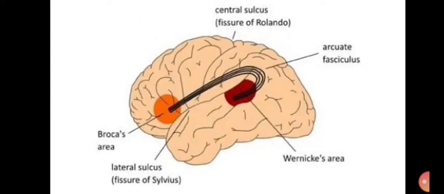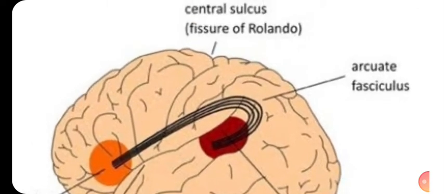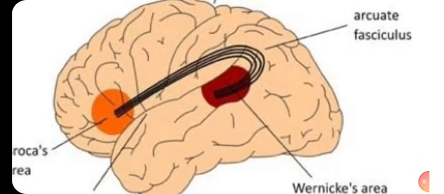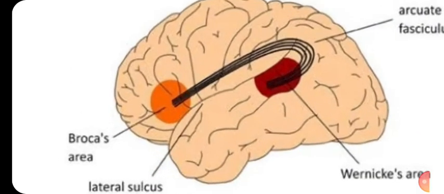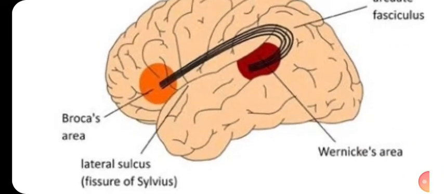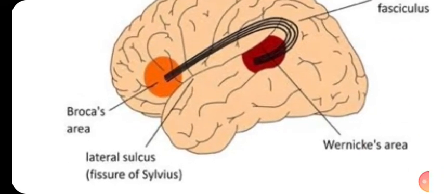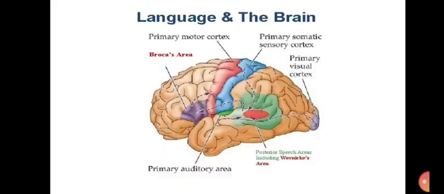Yet again, this is another diagram explaining the language areas of the brain. This sulcus or separation that is coming is known as central sulcus, the arcuate fasciculus, the Wernicke's area, the Broca's area, and the lateral sulcus that divides temporal lobe with the rest of the brain.